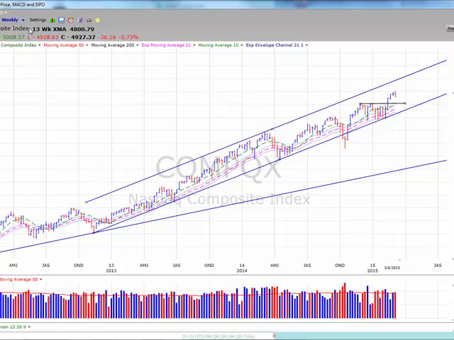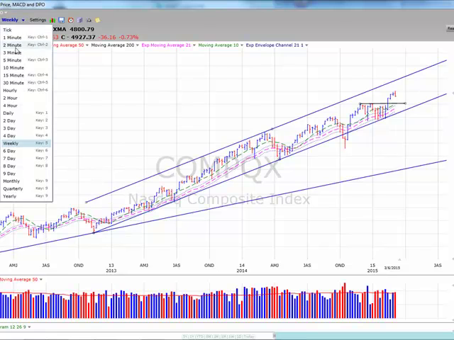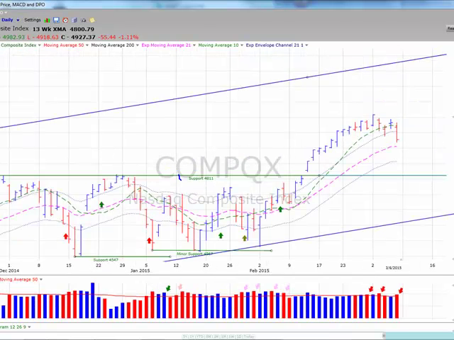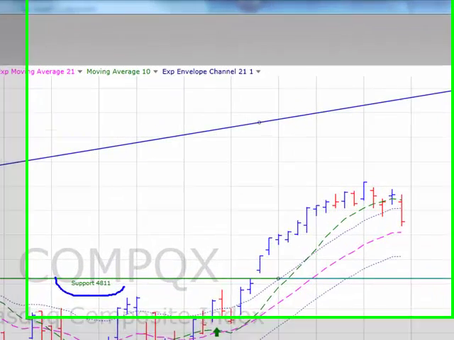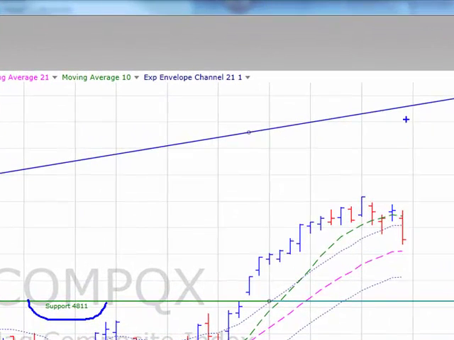Zooming in a little bit more and switching over to a daily chart, we see the current market is bracketed by support down here in the 48.11 area and resistance right up here at the top of the current trading channel.